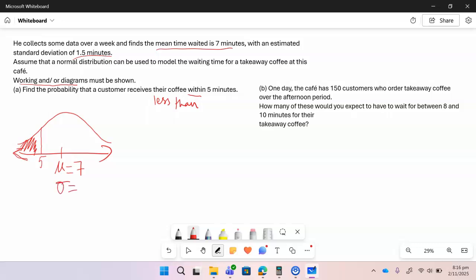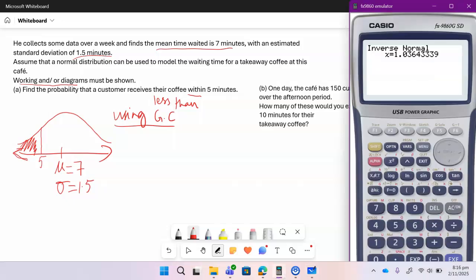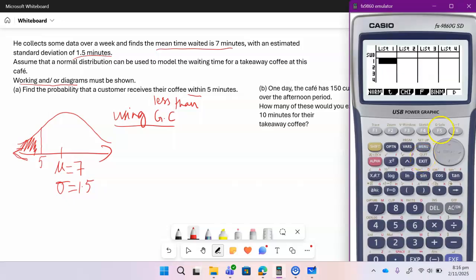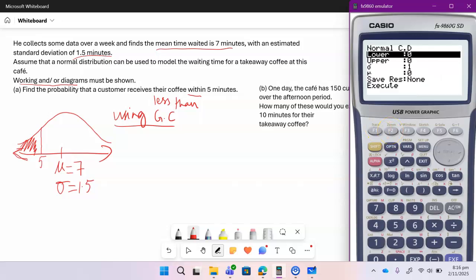The standard deviation is 1.5. In our graphics calculator, you could actually write this as part of your working out. To find the values, we're going to use normal CDF. The values we need to input are lower, upper, mean, and SD.